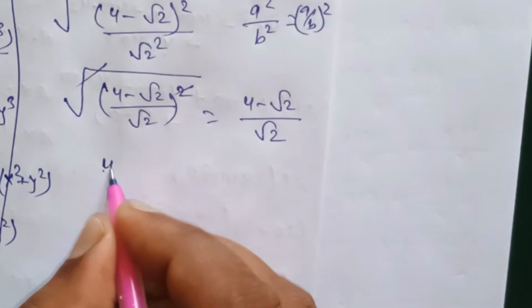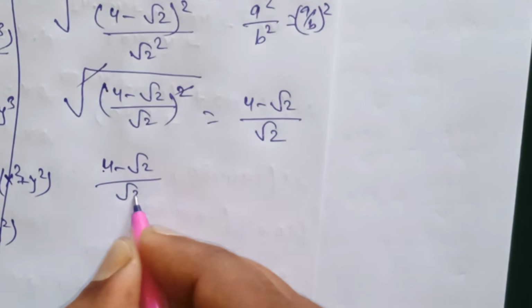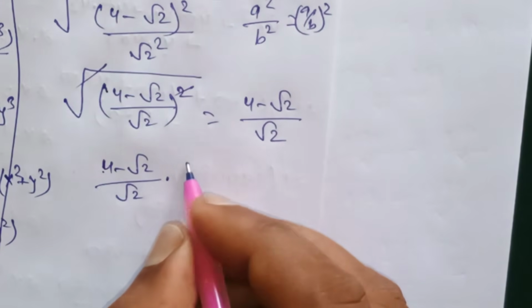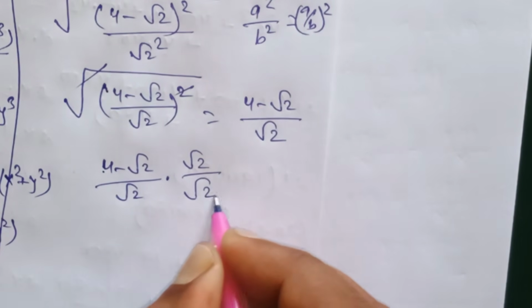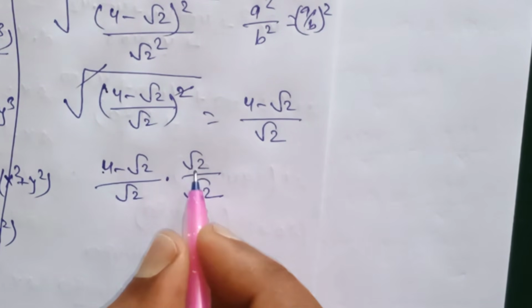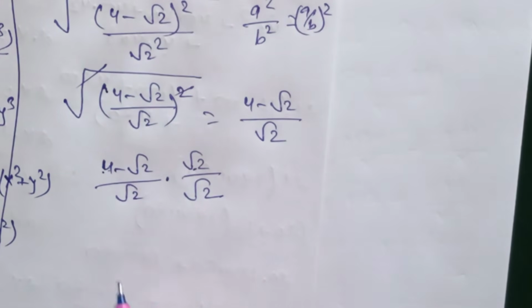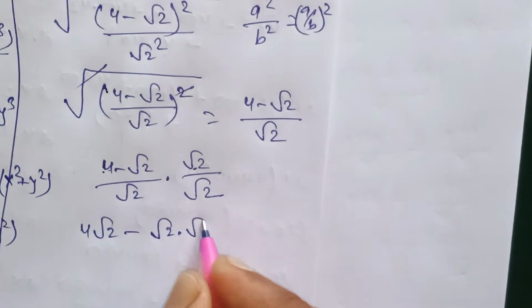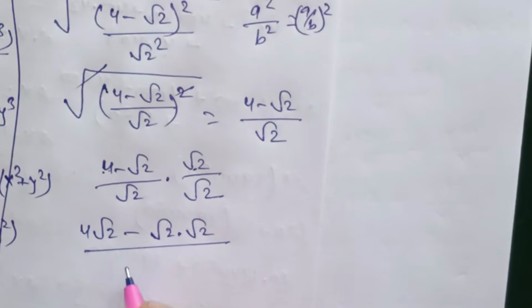So here 4 minus root 2 divided by root 2, we multiply by root 2 divided by root 2. Root 2 multiplied with 4: 4 into root 2 minus root 2 into root 2, divided by root 2 into root 2.